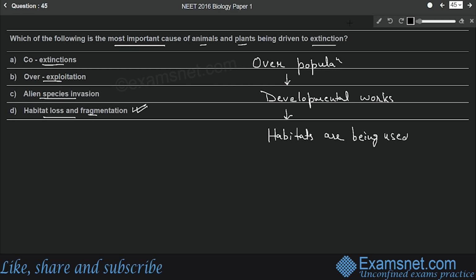Due to that, the animals and plants are losing their habitat, and that is known as habitat loss. And fragmentation means, suppose this is your forest and a road is being constructed here. Due to the construction of the road, this habitat of animals has been fragmented into different parts, right? So this is known as fragmentation. So option D will be the correct answer.